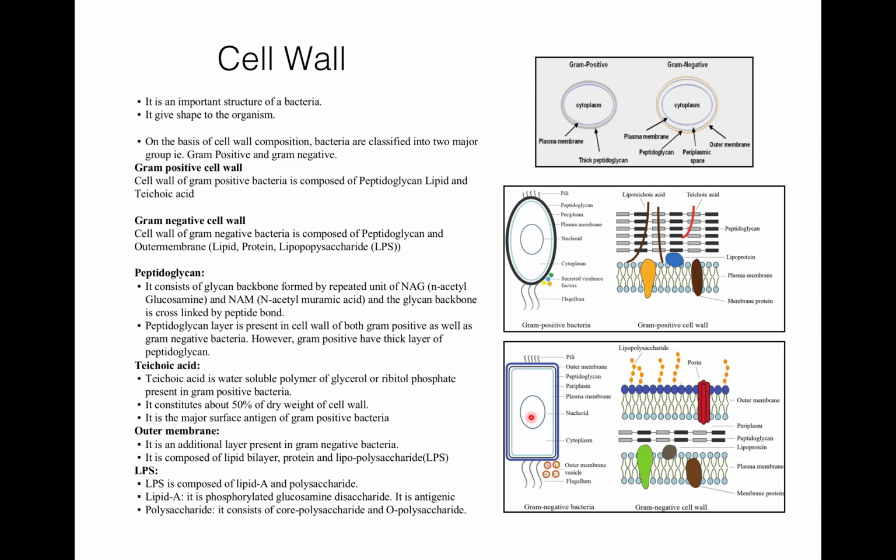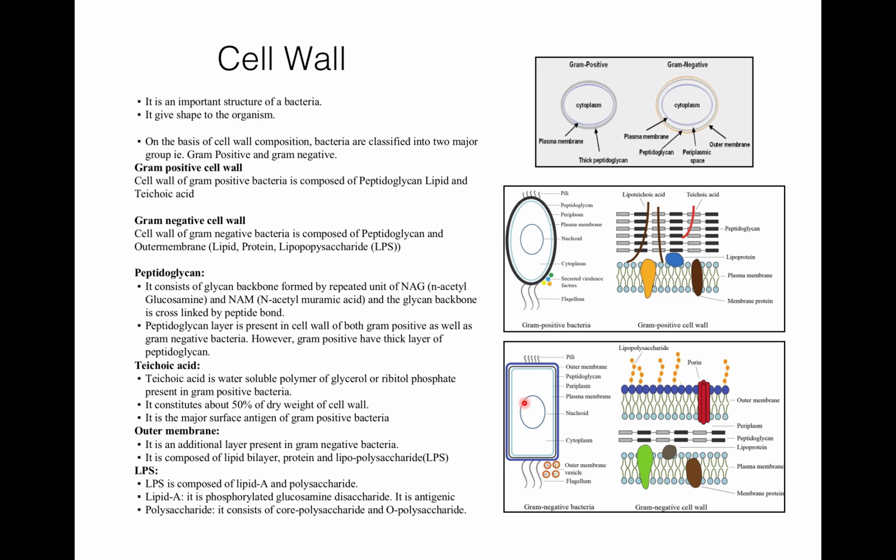When the bacteria is stained with crystal violet or gentian violet and then with iodine solution, and the bacteria retains the violet color after washing with alcohol, then it is a gram-positive bacteria because of the presence of a gram-positive cell wall.